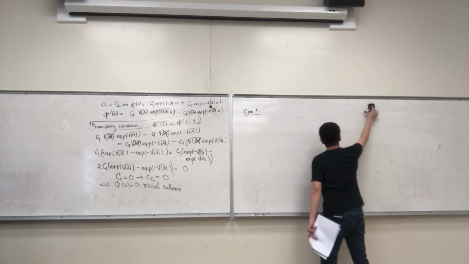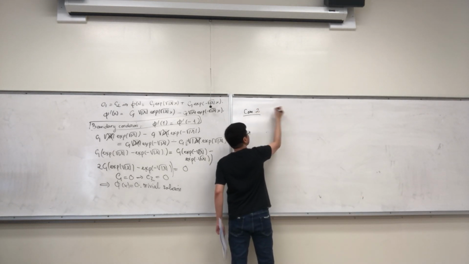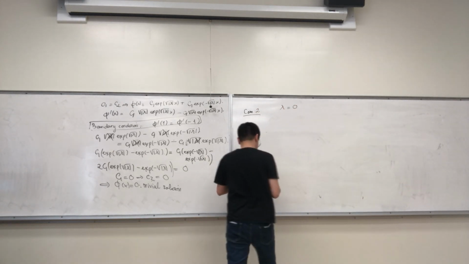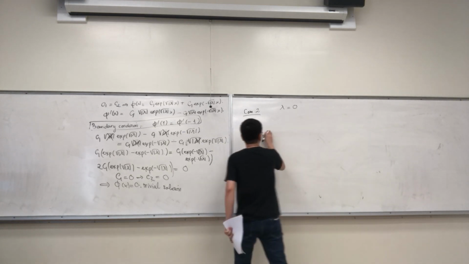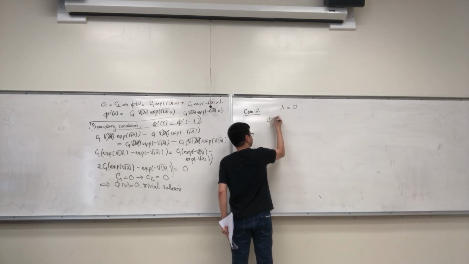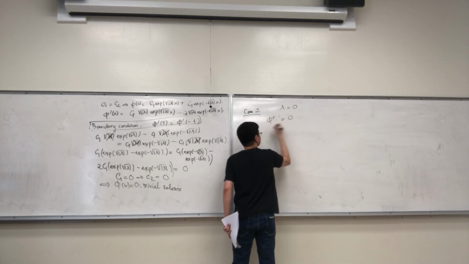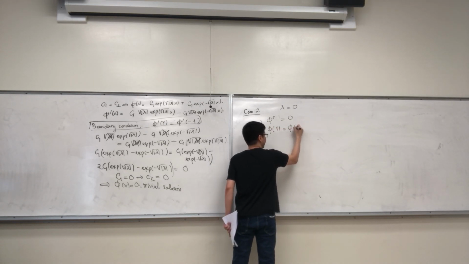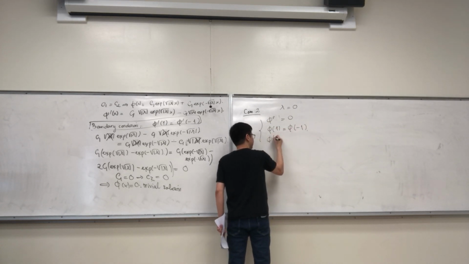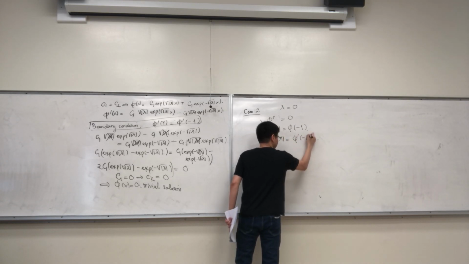So case number 2, when lambda is 0. What you have is the following: phi second of x is 0, and then you have two boundary conditions. Phi of 1 is phi of minus 1, and phi prime of 1 is phi prime of minus 1.